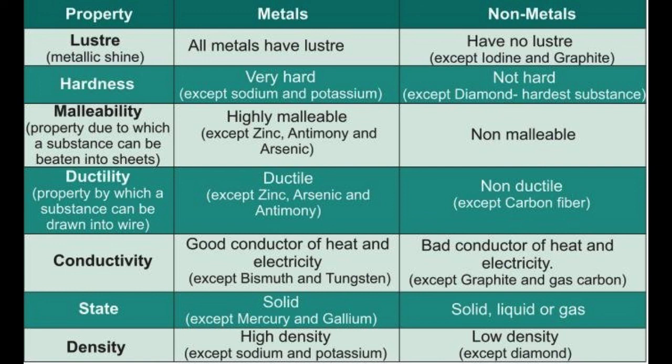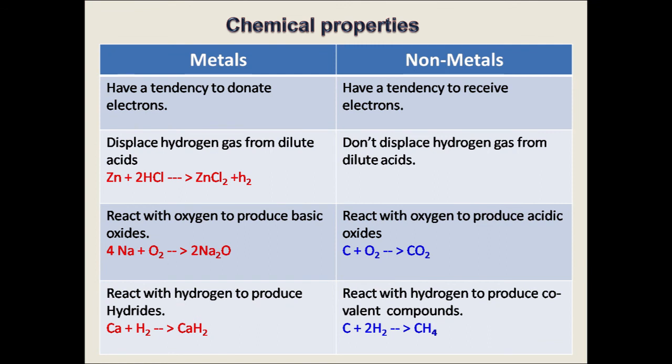Metals are malleable and ductile, whereas non-metals are brittle. In general, non-metals tend to have lower melting points than metals. Most non-metals exist in 2 of the 3 states of matter at room temperature, gases and solids, except bromine, which exists as a liquid.